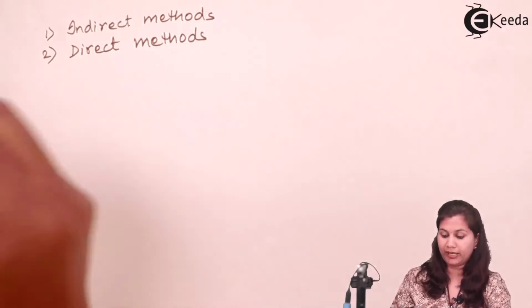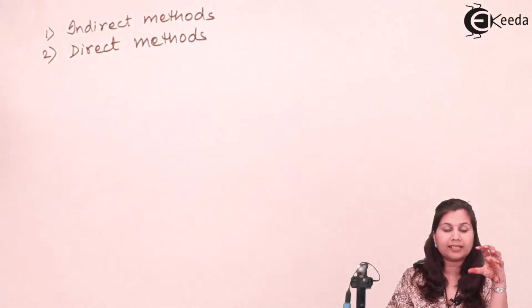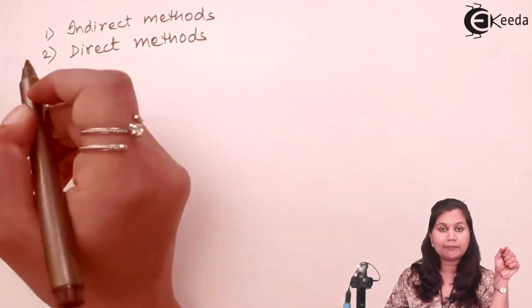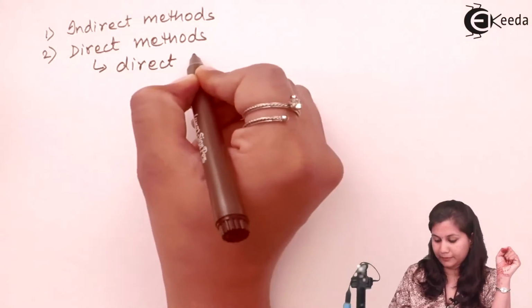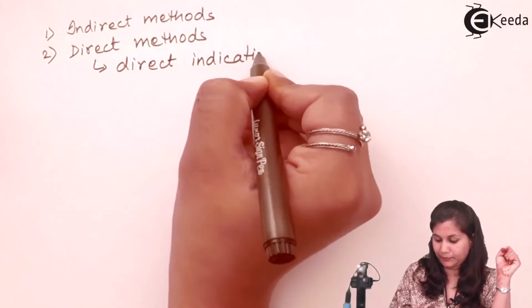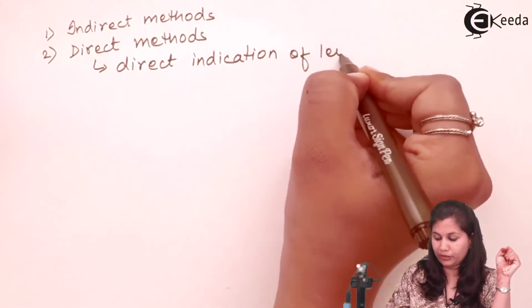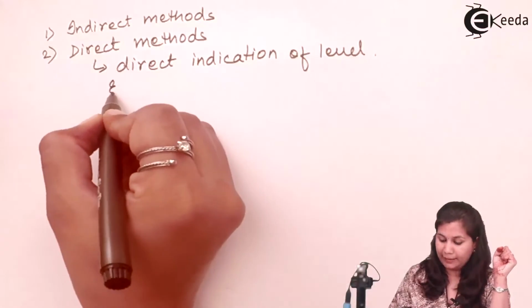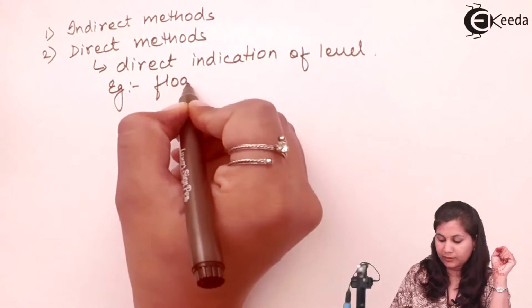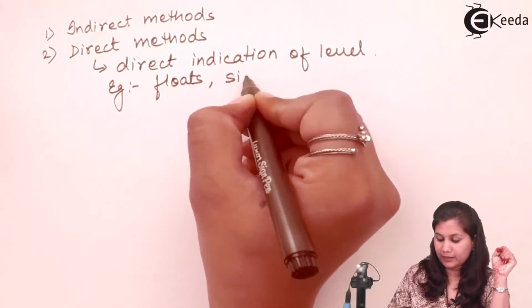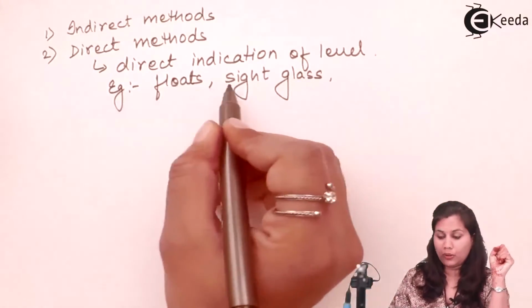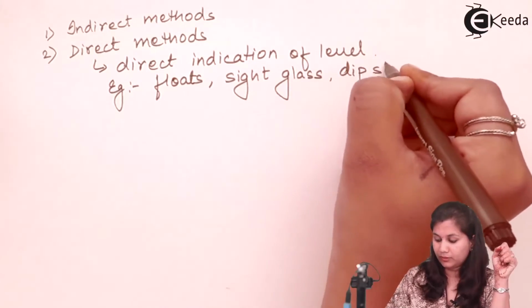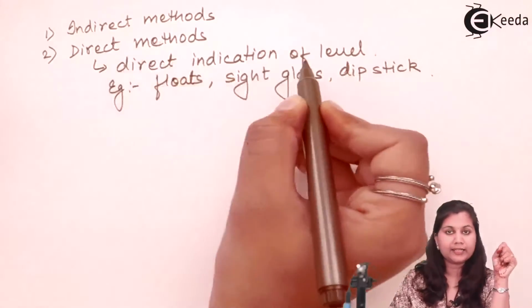Whereas in direct methods, we get a direct indication of the level of the liquid by using some mechanical devices, and examples are the float, the sight glass method and the dipstick method. These are all types of direct methods.